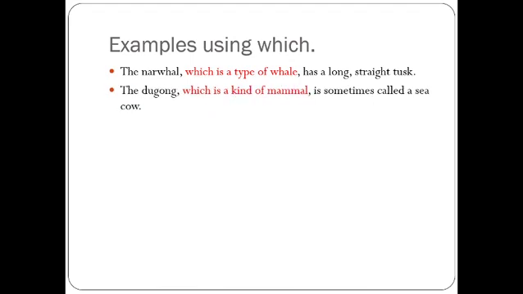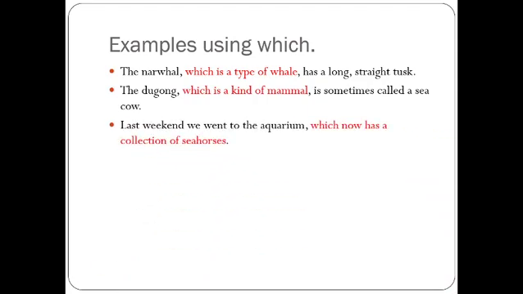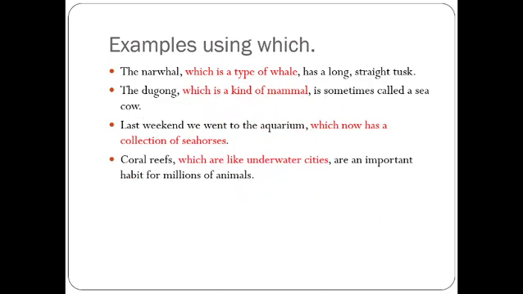Examples using which. The narwhal, which is a type of whale, has a long straight tusk. The dugong, which is a kind of mammal, is sometimes called a sea cow. Last weekend, we went to the aquarium, which now has a collection of seahorses. Coral reefs, which are like underwater cities, are an important habitat for millions of animals.